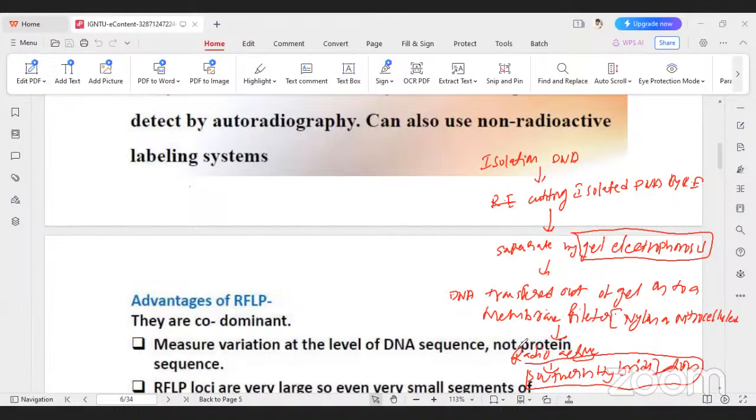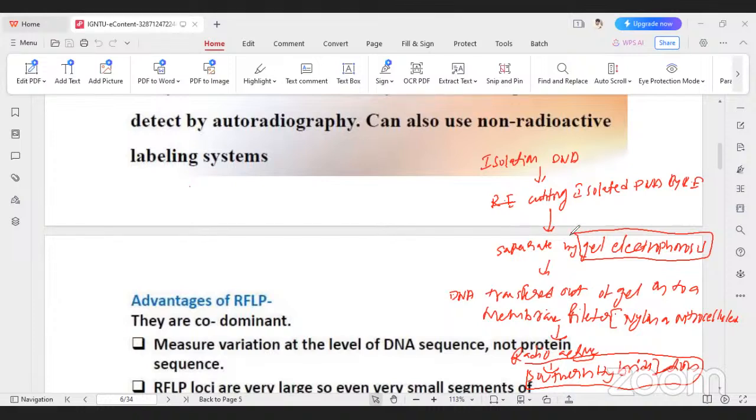Now the analysis: the RFLP pattern with positive bands, the final result after Southern blotting. Now I identify the RFLP pattern with positive bands. So these are the basic steps in RFLP.